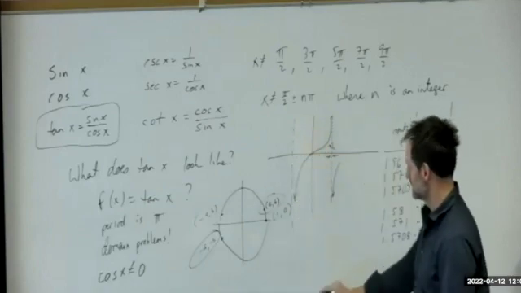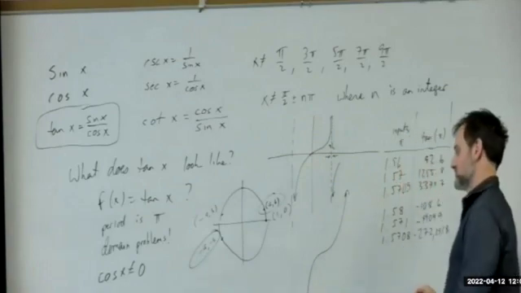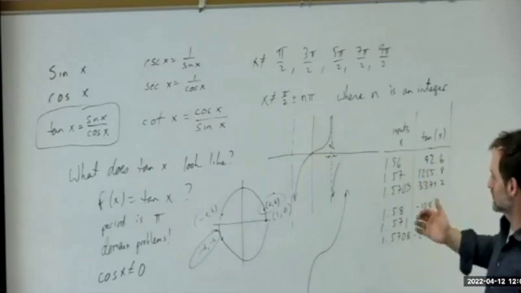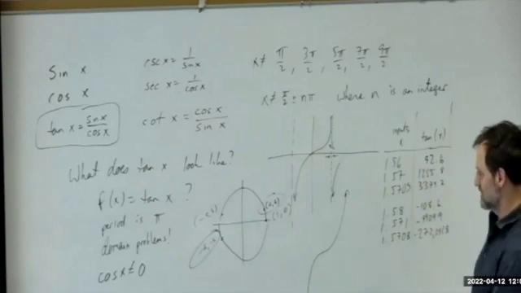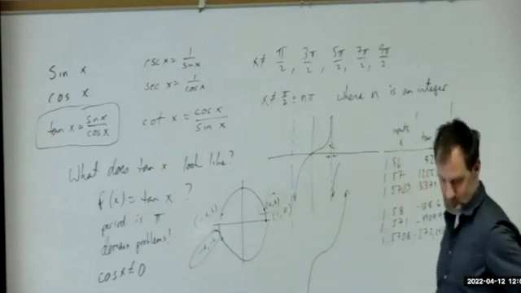So I get these little, I don't know what you call them, flattened out S shapes or something, repeated over and over again. As you bump up against the asymptote on the right side, it goes to infinity. As you bump up against the asymptote on the left side, it goes to negative infinity.